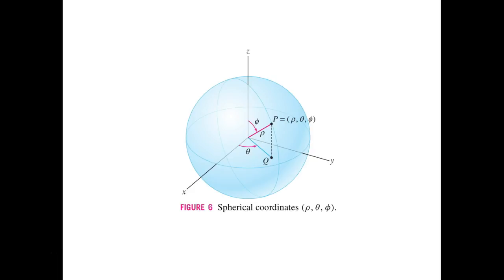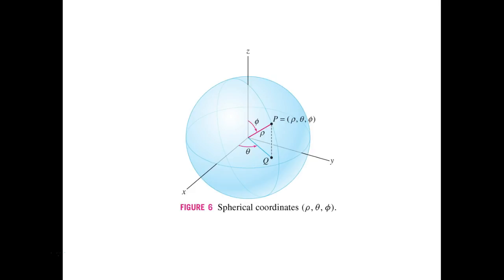So the theta coordinate, just like before, is from the positive x-axis, but staying in the xy plane. The phi coordinate is the angle from the positive z-axis to the line in question, from the origin to the point in question. That angle there would be your phi.